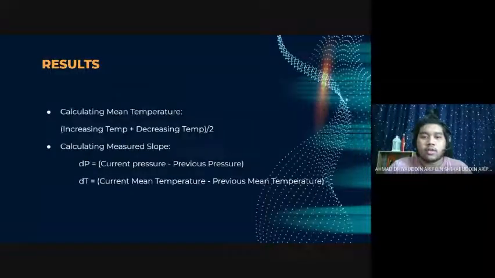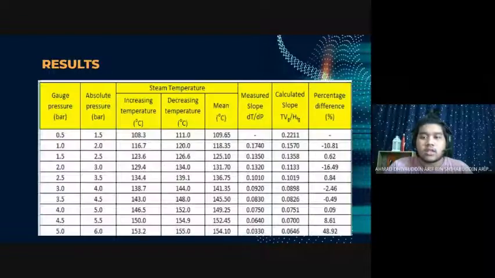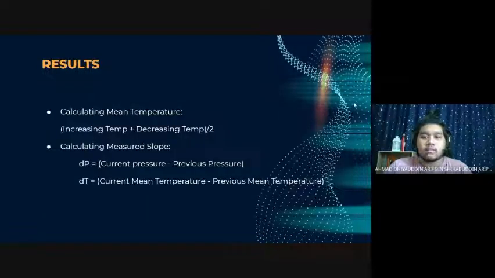For the mean temperature, the way to calculate it is by adding the increasing temperature and decreasing temperature. Later, we will divide the sum by 2, and the results are as follows. Next is to calculate the measured slope. dP is the difference in pressure, which we can calculate by subtracting the previous pressure from the current pressure.